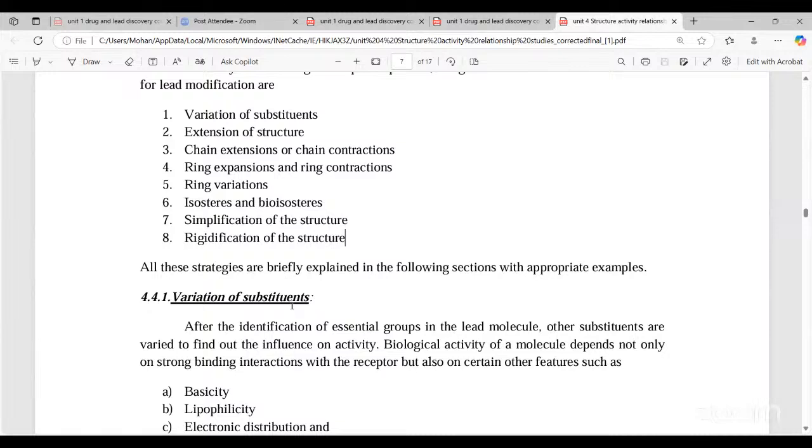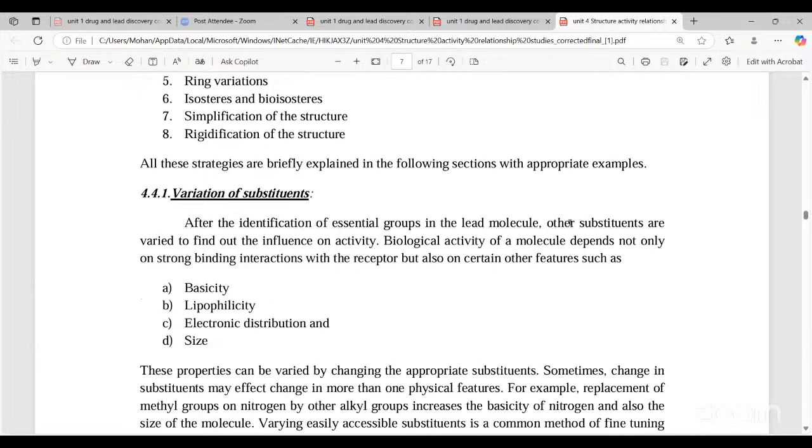So variation of substituents. After the identification of essential groups in the lead molecule, other substituents are varied to find out their influence on the activity. Biological activity of the molecule depends not only on strong binding interactions but also on certain other features such as density, lipophilicity, electronic distribution and size.